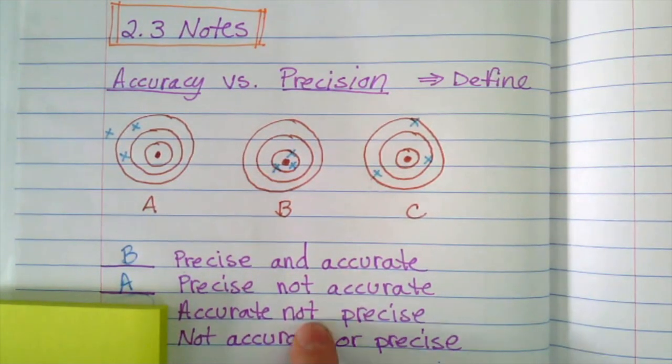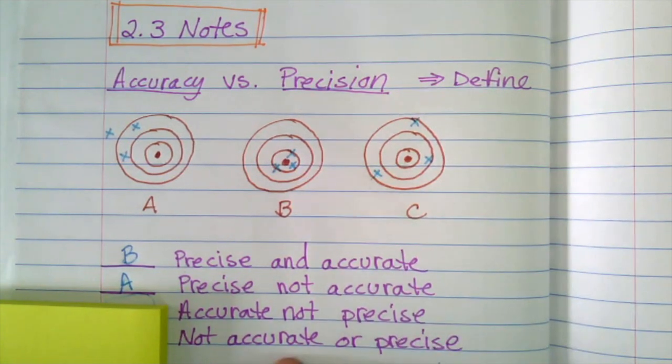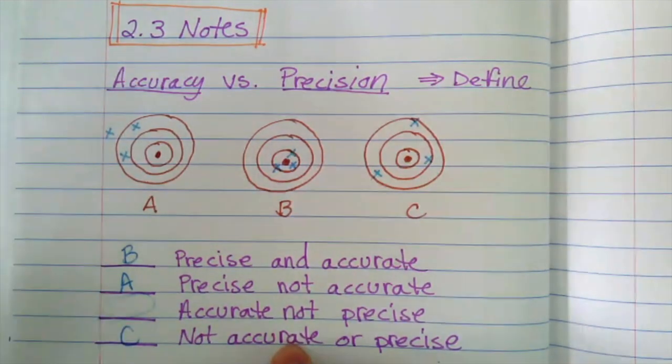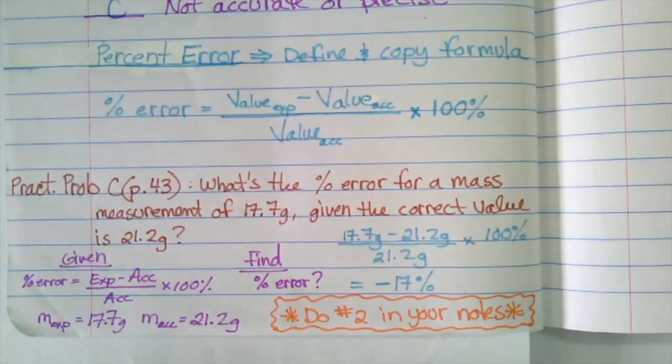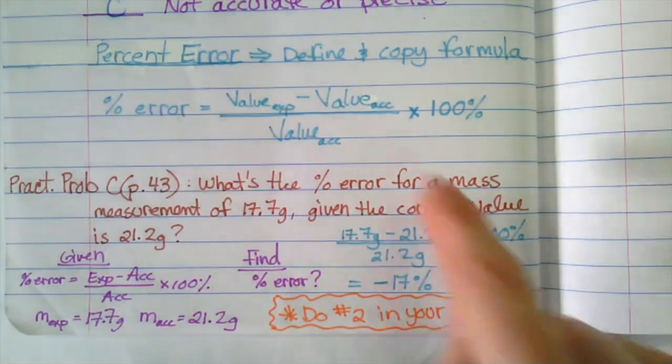So with our last 2 options, is this accurate but not precise, or are they not accurate and not precise? My answer would be the very bottom one. C is there.